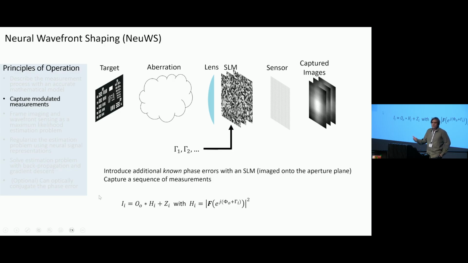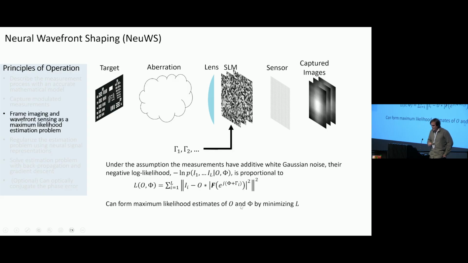And you have a sequence of measurements where each of them depends on an unknown object, unknown aberration, but these known modulation patterns. And if you just assume that the noise is Gaussian, then we can just set up a maximum likelihood estimation problem. And if we could solve this, we could in principle reconstruct the object and reconstruct the aberration.